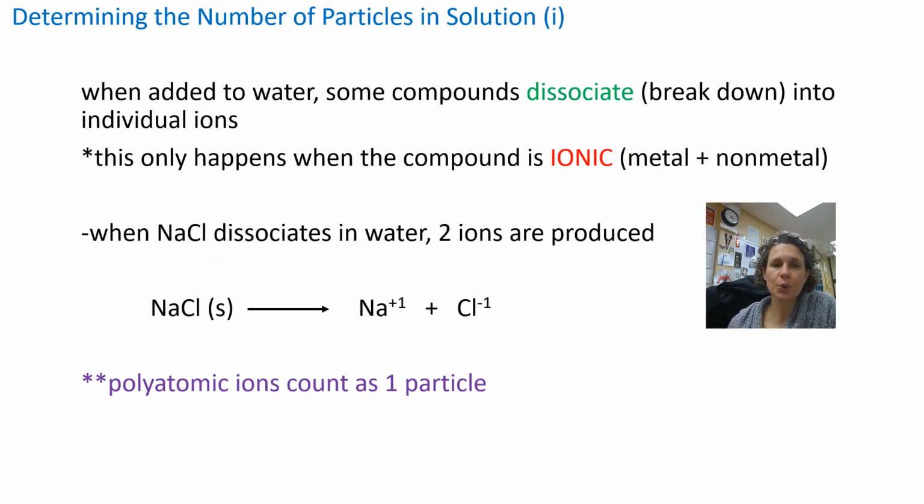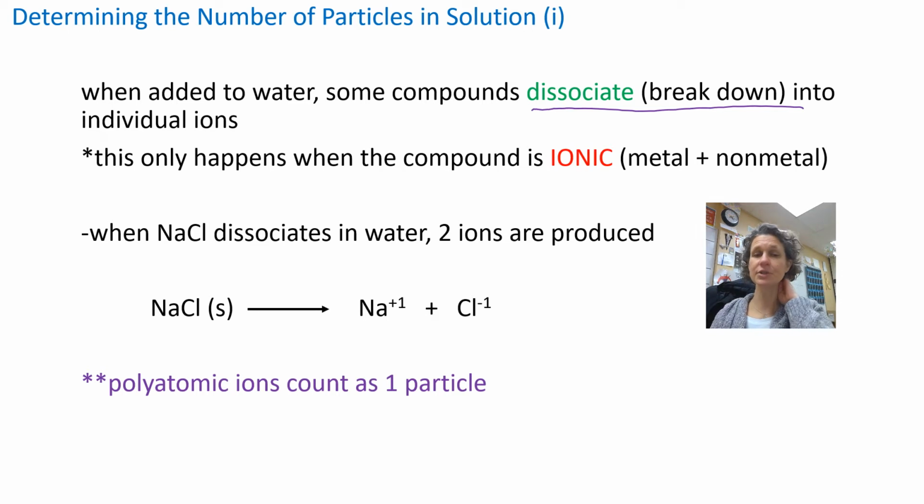Okay, so the number of ions in solution, we're kind of leading up to some of the math problems, so just bear with me on this. When you add certain substances to water, some of them will dissociate or break down into their individual ions.